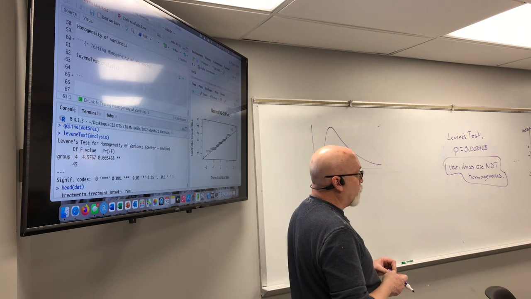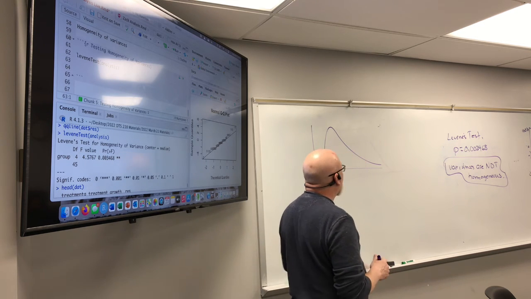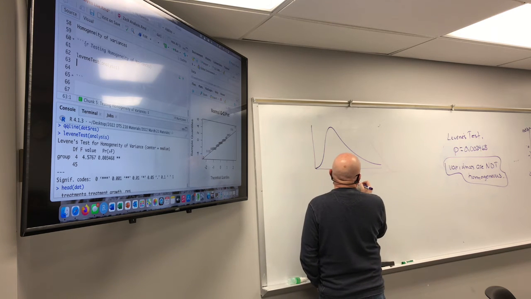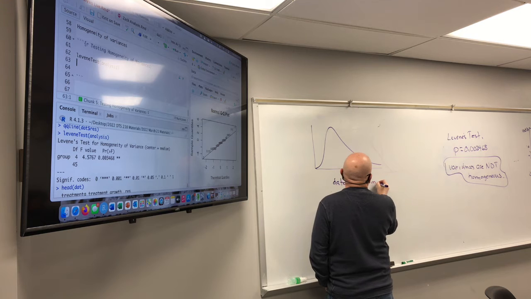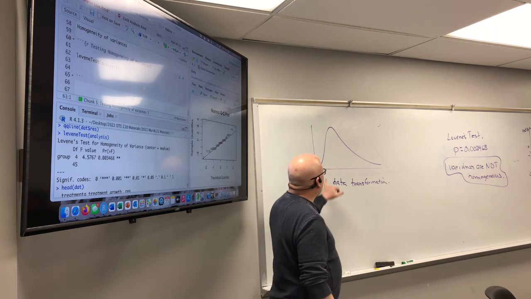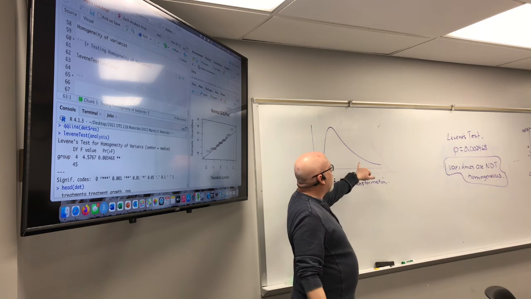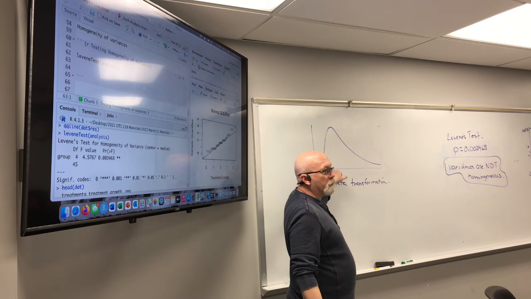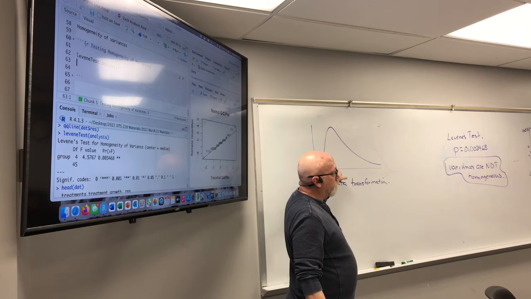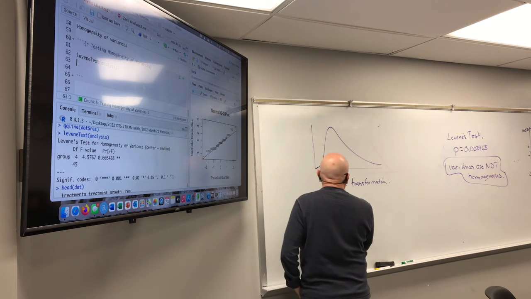We're pretty much stuck with it. We can do a data transformation. What nature of data transformation would we do on this? It's a transformation that doesn't do much to small values, but brings big values and makes them much smaller. You could take the square root.